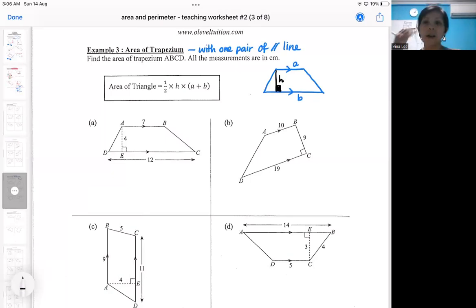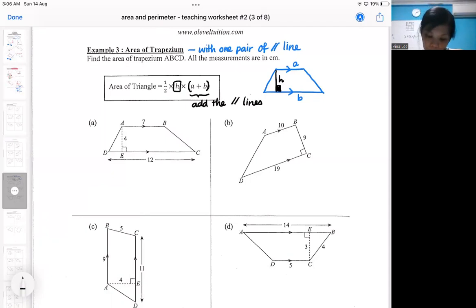So usually the height is in between the two parallel lines. So that's the feature. So the formula will be half times height, and there should be a bracket. This bracket is to add the parallel lines. So it's the sum of the parallel lines.